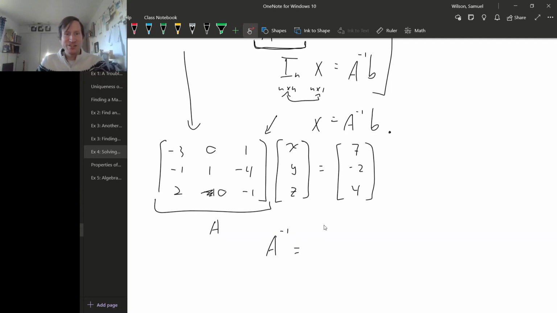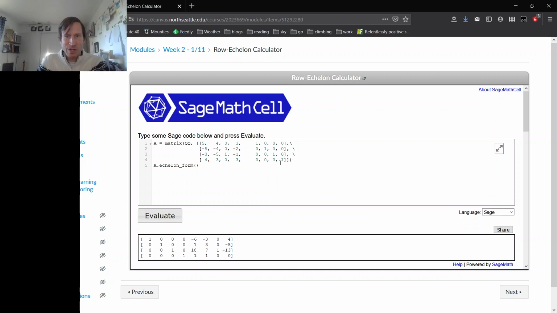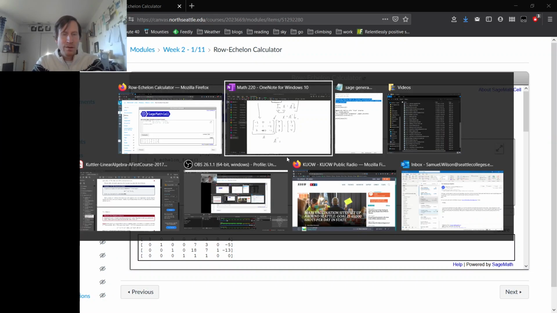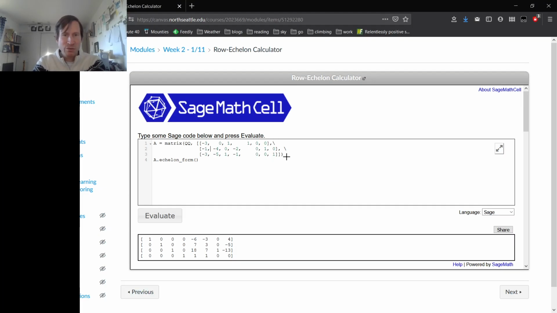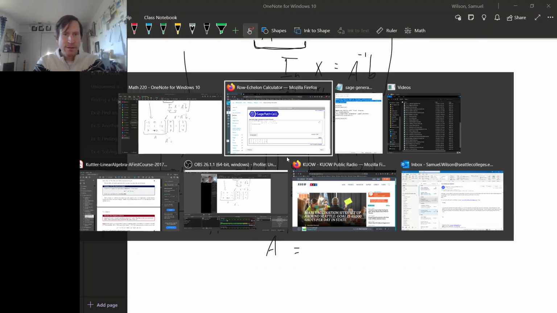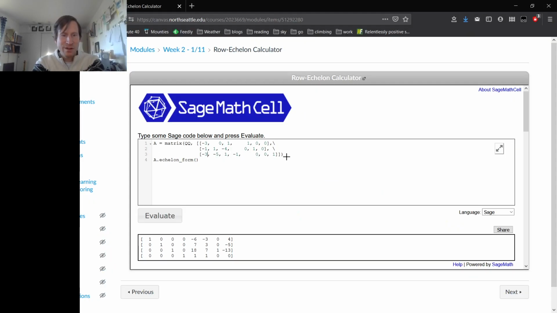I'll be lazy and ask Sage to do it. We want to augment with the 3 by 3 identity, and our rows are -3, 0, 1; -1, 1, -4; and 2, 0, -1.